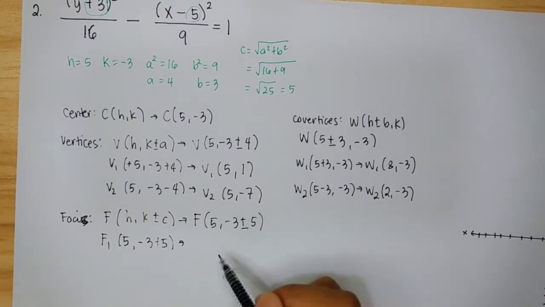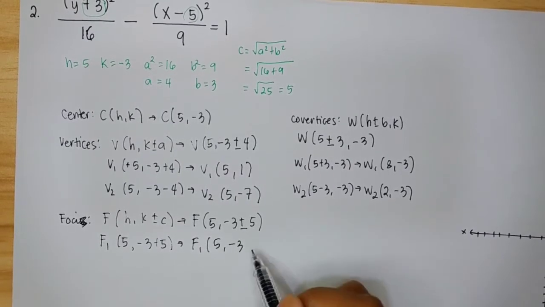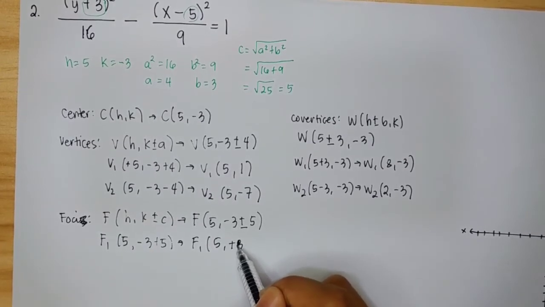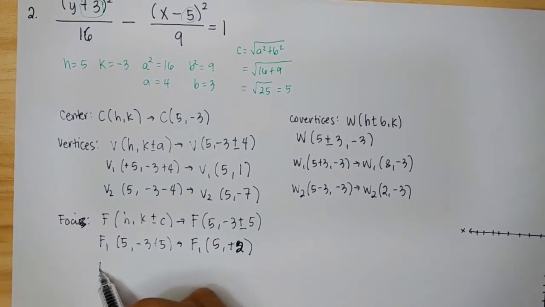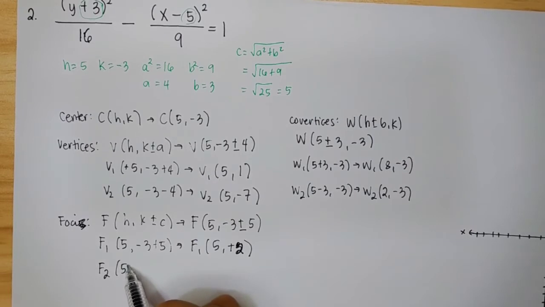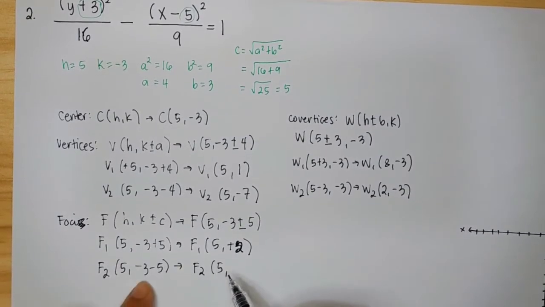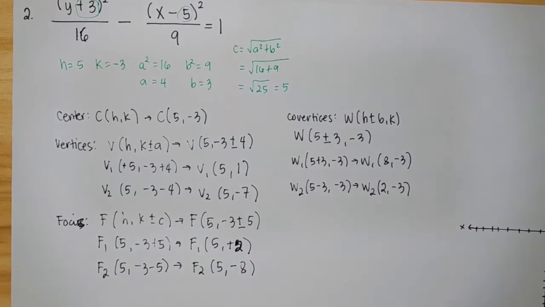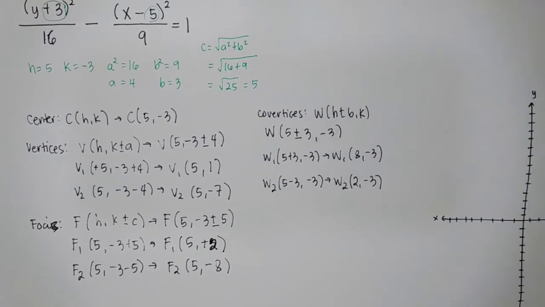So, F1 is 5, negative 3 plus 5, that is positive 2. Then F2 natin, we have 5, negative 3 minus 5, that is negative 8. So, yan yung sa foci natin, yung points ng foci natin.